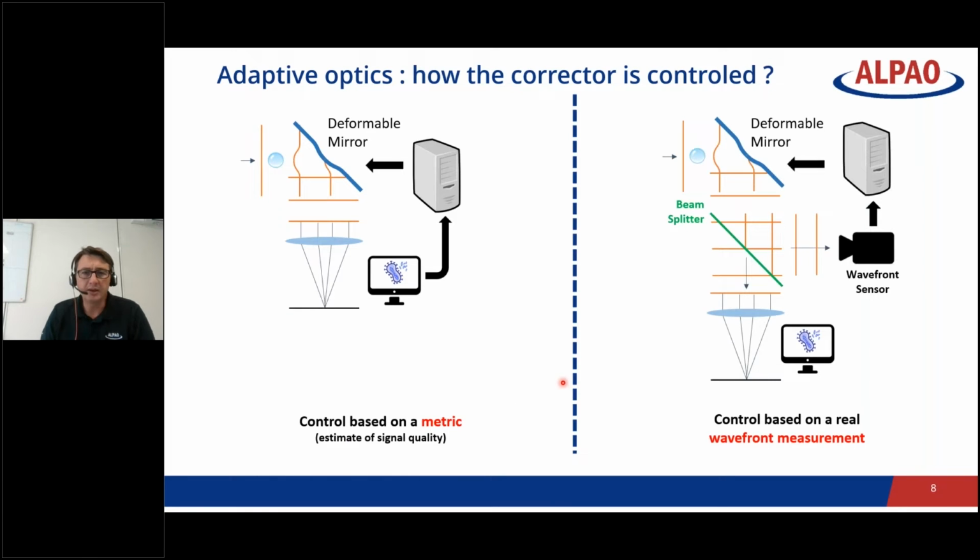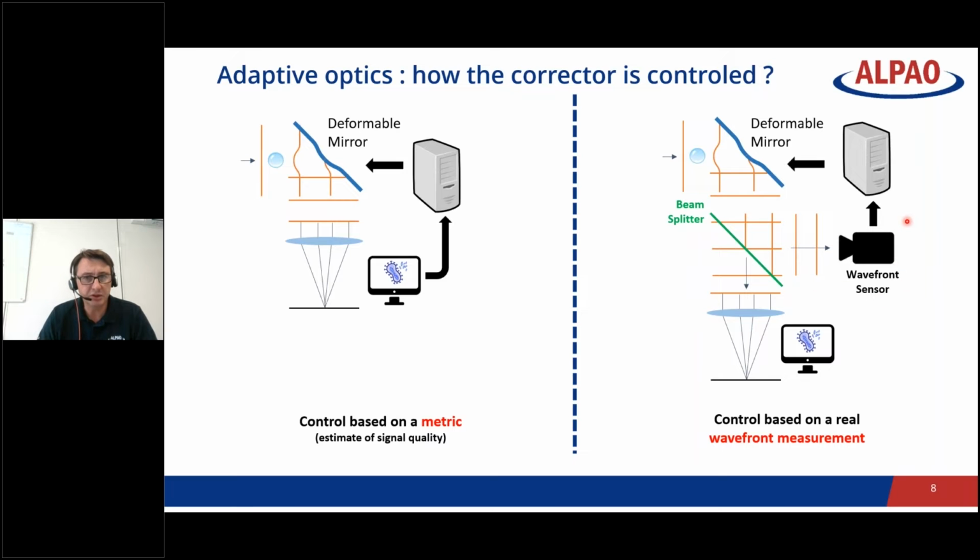The other way is that you add some specific hardware to your setup. In this example, you still have the deformable mirror and the camera, but in between, you put, for example, a beam splitter that will take part of the light, and using this light, you will feed a wavefront sensor. This is a specific sensor that you have to add. It's basically a camera with some special optics, and this will give you a real measurement of the wavefront.